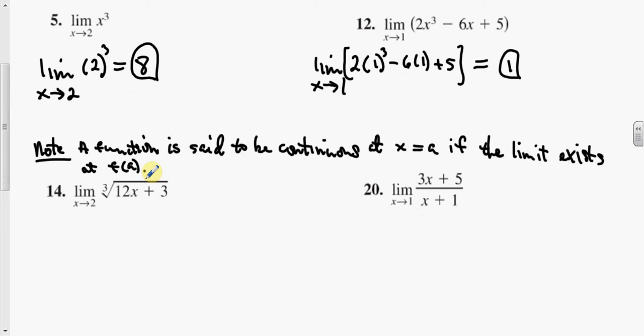So a function is said to be continuous at x equal to a if the limit exists at f of a. So I believe we have that same thing here for number 14 as well.